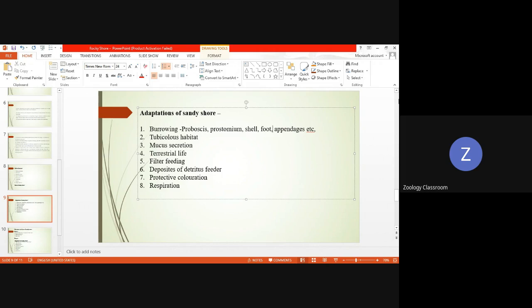Then, filter feeding mechanism is the main characteristic feature of the burrowing life. Hippa and Albunea burrow backward facing the sea and lie buried. The antenna acts as a passive filter.